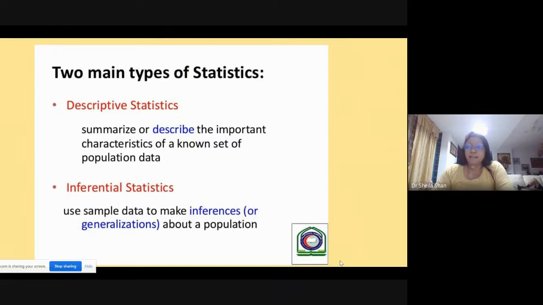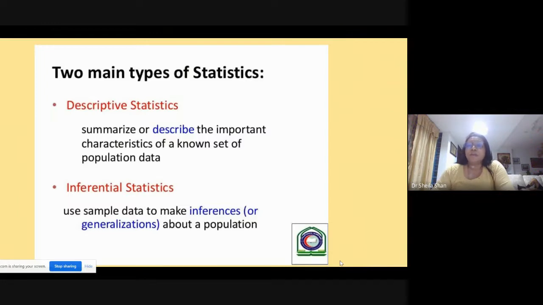So when your data represent the population, then you can do a generalization to the population. Let's say you want to find a solution for an illness, or you want to find out about the level of awareness among school going children.